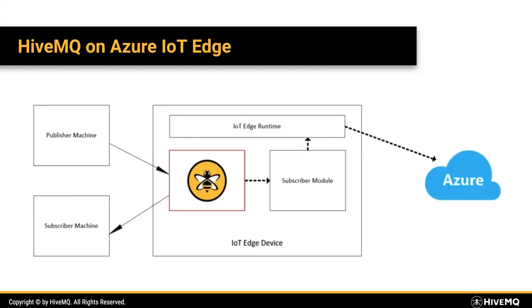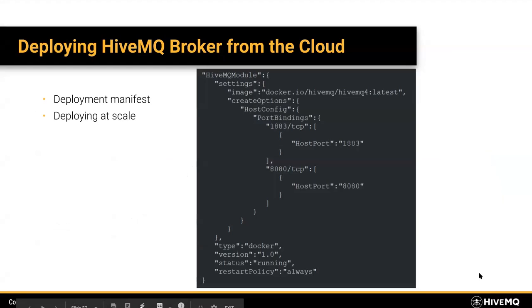You specify which parameters to fetch, and of course in this deployment configuration file you specify where these images can be fetched from. The next slide illustrates what this deployment manifest looks like for the HiveMQ module.